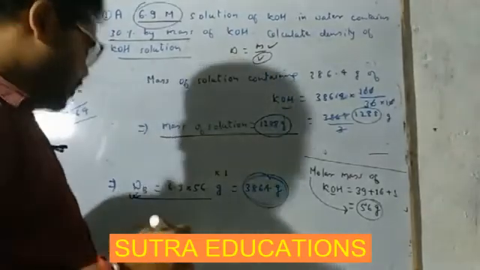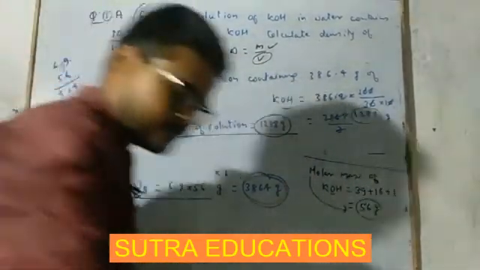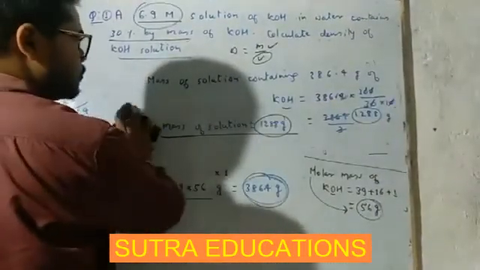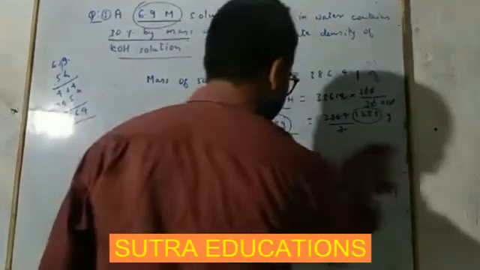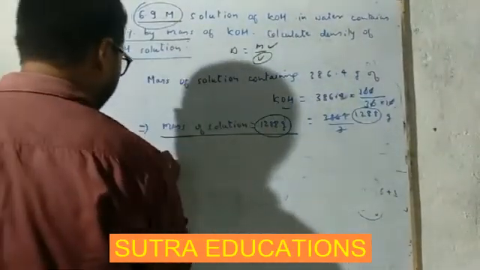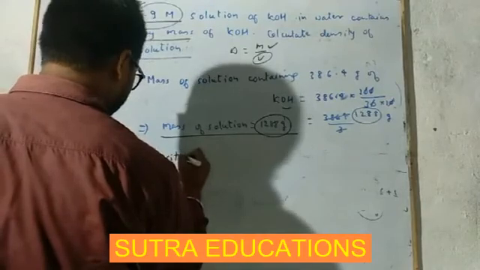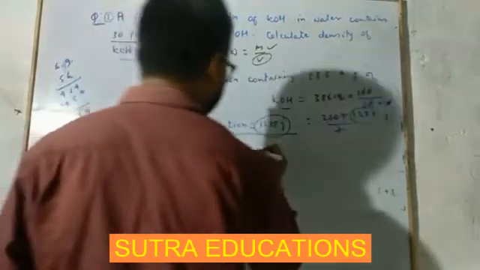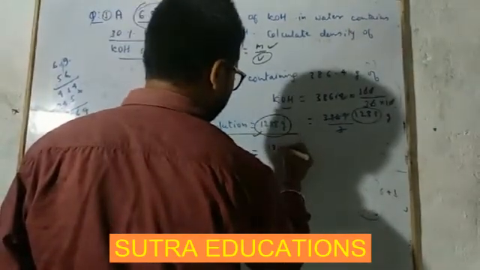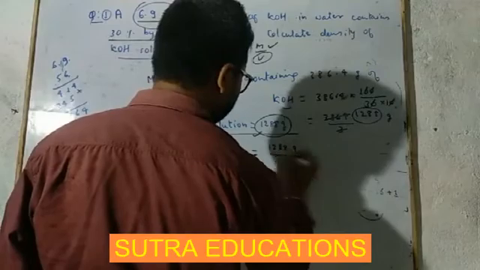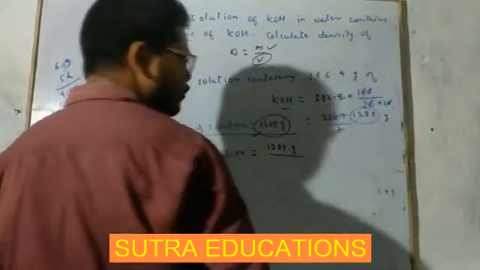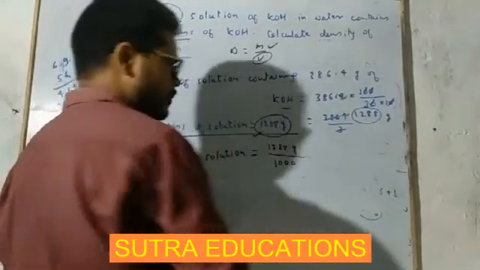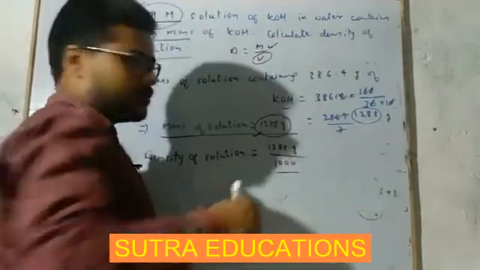So the density of solution will be equal to the mass of solution, 1288 gram, divided by volume, 1000 ml, since 1 liter means 1000 ml.